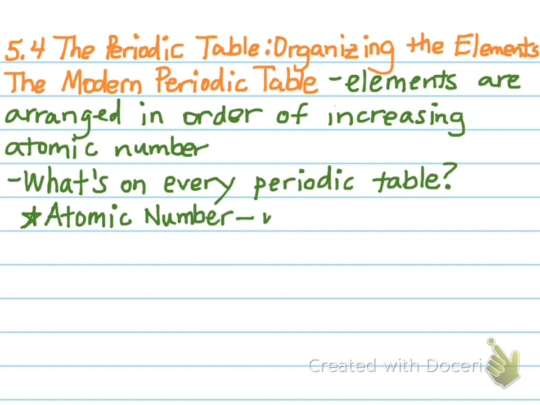We know which one's the atomic number because it's going to be a whole number. It's equal to the number of protons. So atomic number tells us the number of protons, and it's also the number of electrons in our neutral atom.